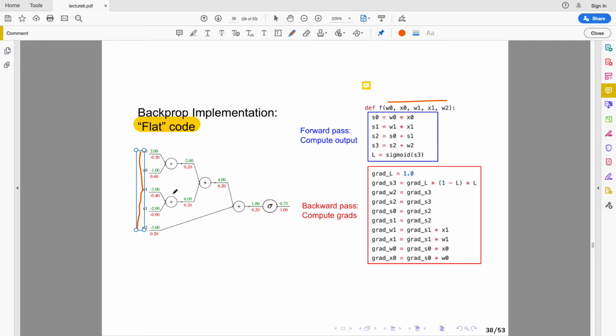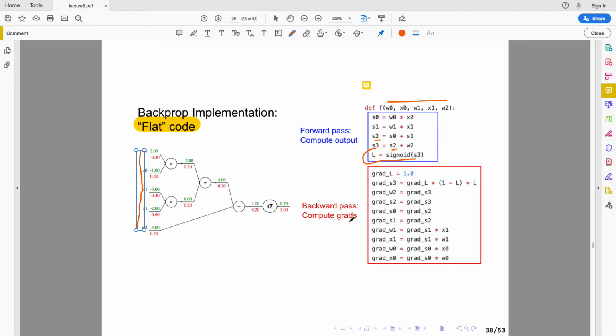You can have an intermediary variable s1, which is w1 and x1. You can have s2, which is the addition of s0 and s1, and you can have s3, which is the addition of s2 and w2, and you can squash the s3 into sigmoid.